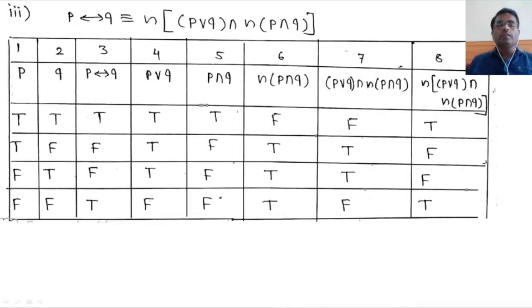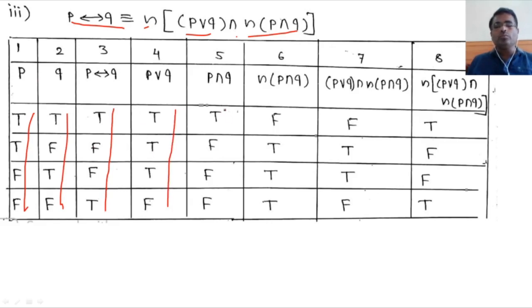Then next we have to consider P if and only if Q and negation (P or Q) or (P and Q). Now see what happens. Again we have P values true, true, false, false, Q values true, false, true, false. Then P if and only if Q is true, false, false, true. Then P or Q is true, true, true, false.